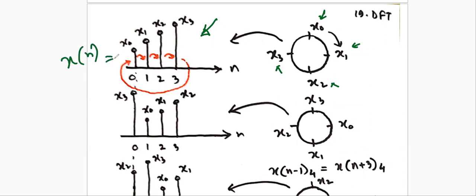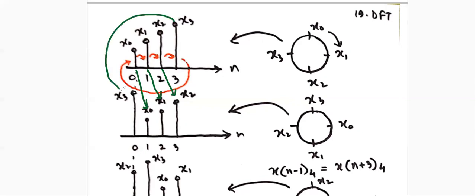Now, if we want to shift one sample, like x[n-1], what will happen? Of course, this sample will shift right, and this will shift to the first sample. You can find that this will be there, this will be there, this will be there, and this will be shifted to the first sample.